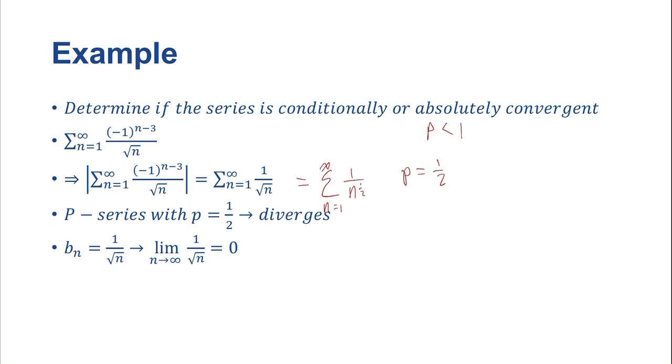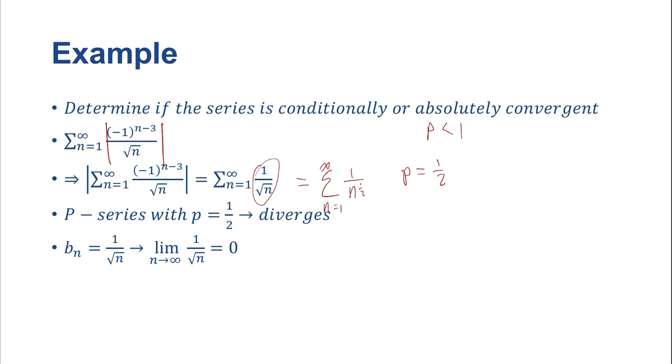So now we are going to look at this series still, but now we are going to use the alternating series test. It should be obvious that this satisfies the alternating series test. The alternating series test says if we take the absolute value of the terms and determine that they are decreasing, we can take the limit as n goes to infinity and see if it equals 0, and if it does, then the series is convergent.